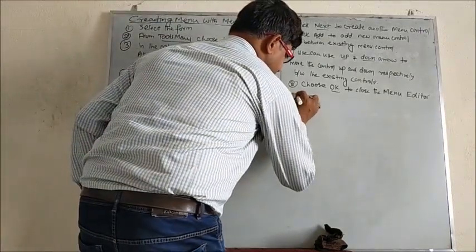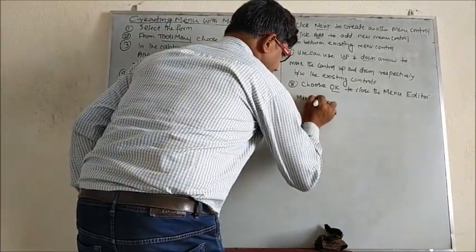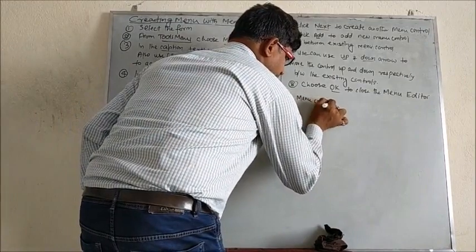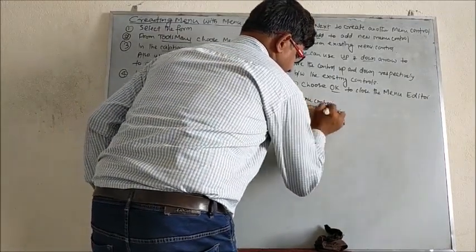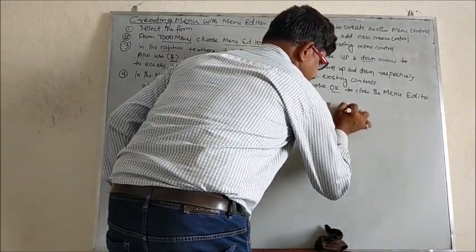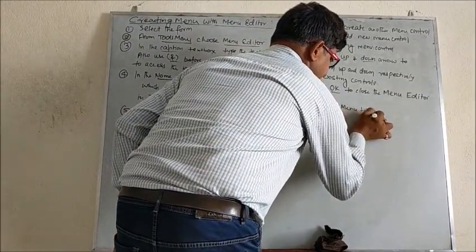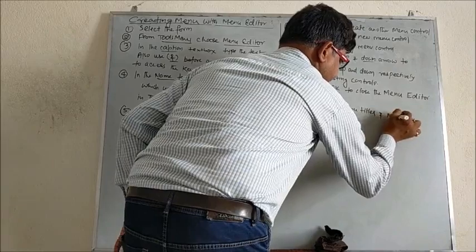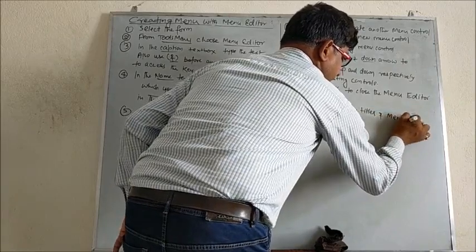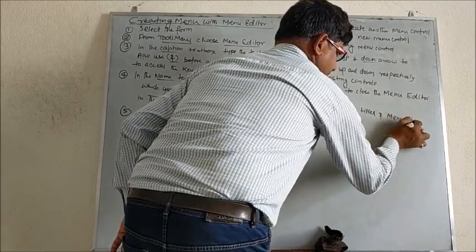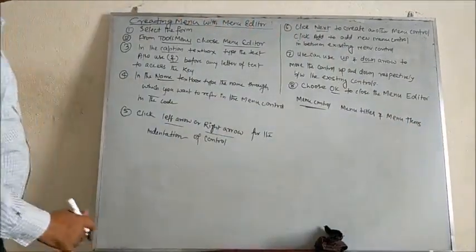So what is a menu control? It is the combination of menu titles and menu items. That is known as your menu control.